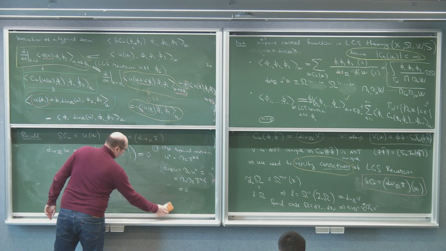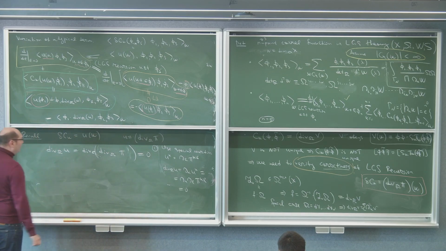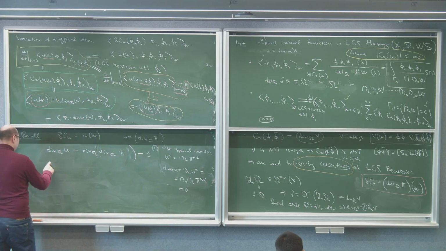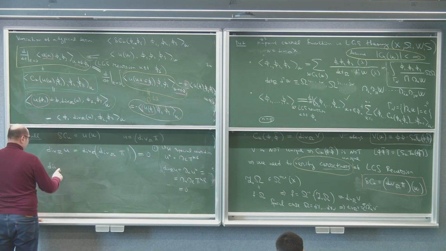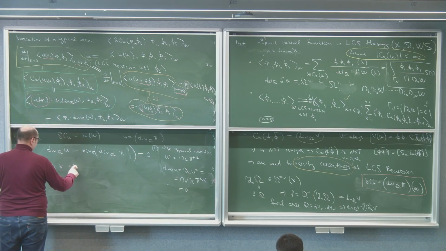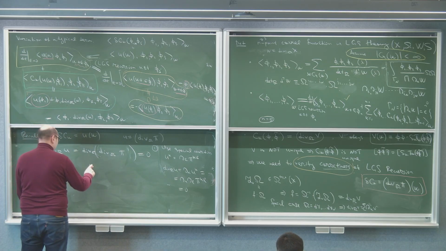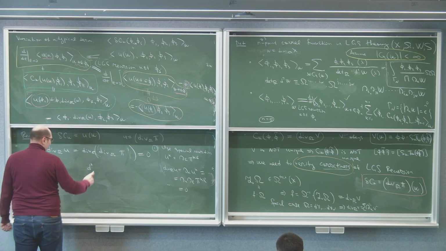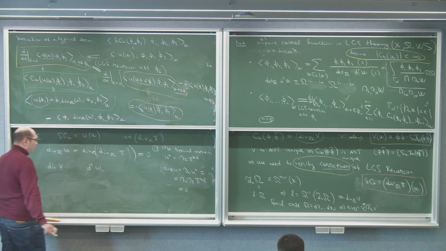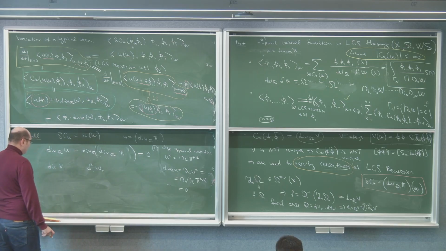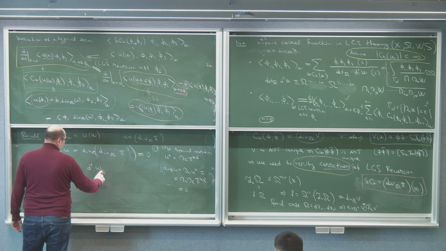Another way, which is more familiar from standard differential geometry. In standard differential geometry, the divergence of a vector field can be expressed as d star acting on some form which you can associate to a vector field. For a bivector, it's the same story.